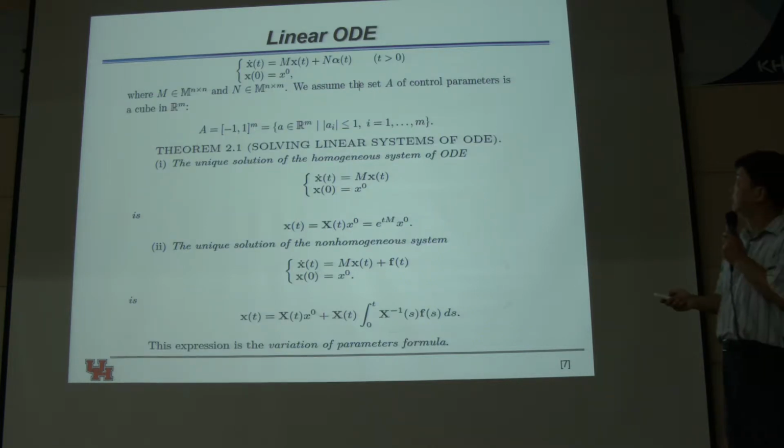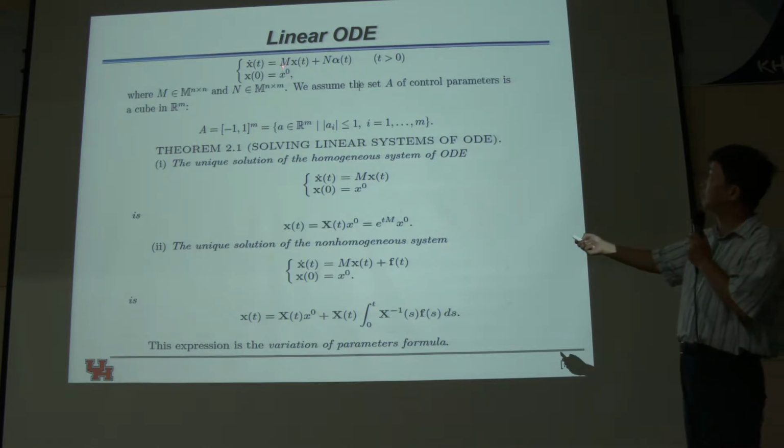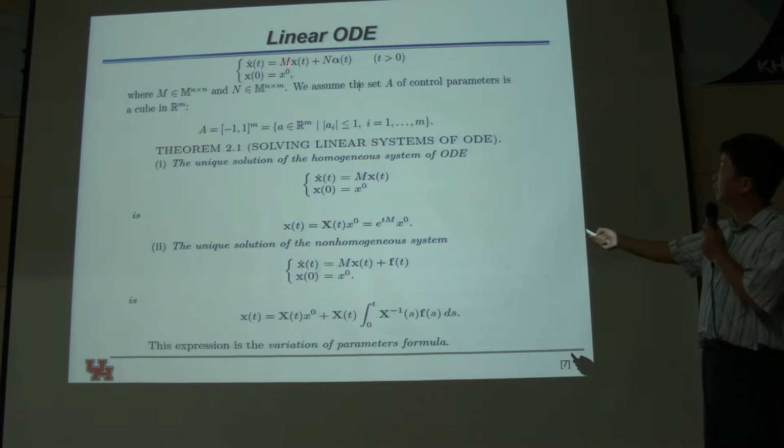And then for a linear ODE, the so-called linear ODE is that your state is multiplied by a matrix, which is a linear combination, and then your control is multiplied by another linear matrix.